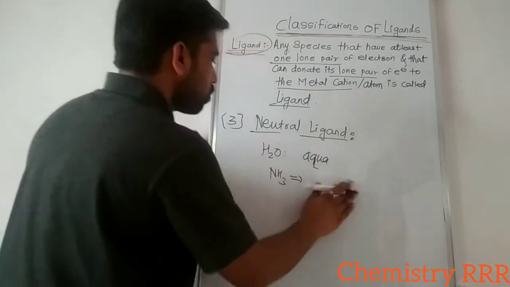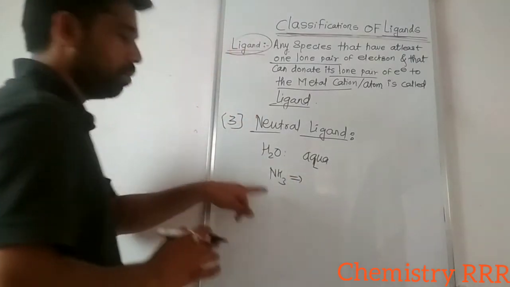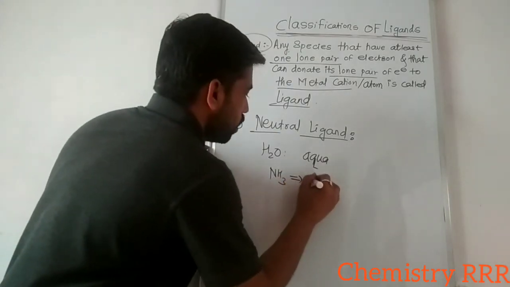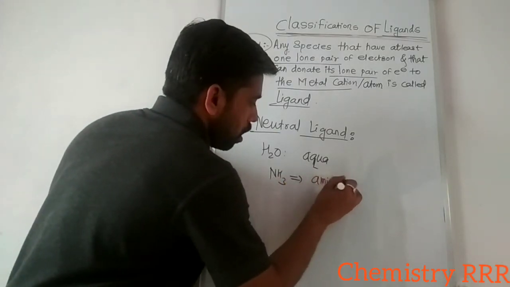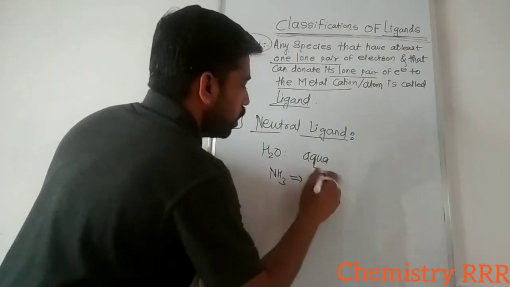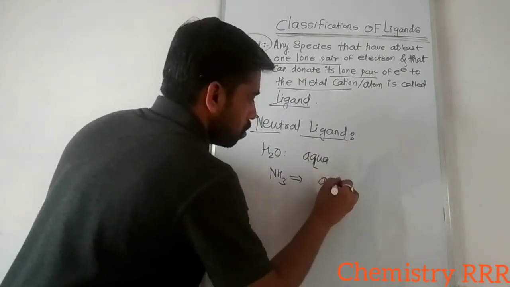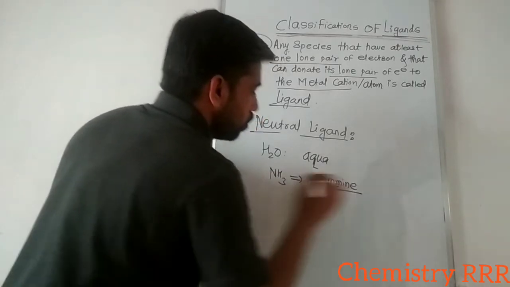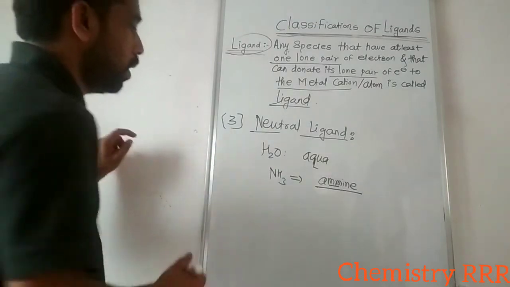Okay, this is ammonia. Now the name for this ligand is ammine. Not a single M, it is a double M. The name for this ligand is ammine.